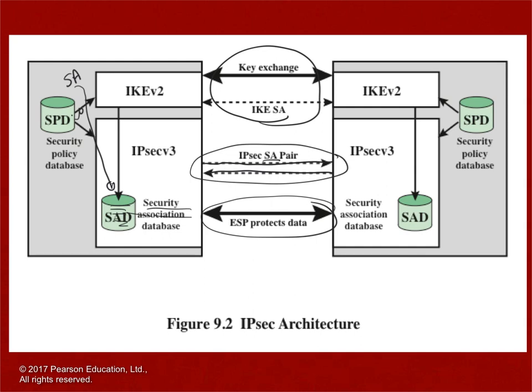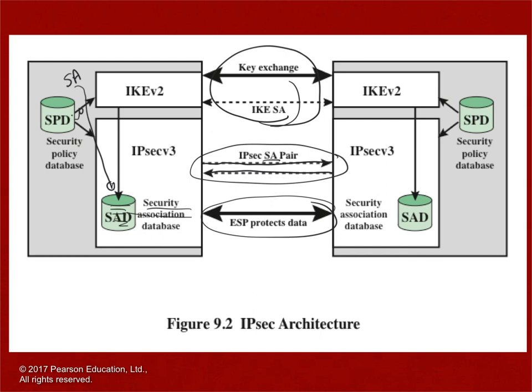If we cannot find an entry in the security association, not in the policy database, in the security association database, this means that this traffic was not assigned a security association yet. So in that case, we have to go to the IKE or the key exchange server to establish user authentication and key distribution.